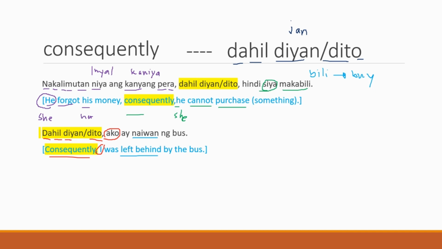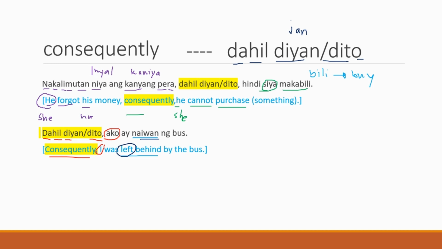The root word of naiwan is iwan, which means left. Ng bus, by the bus. In English, we pronounce it like bus.